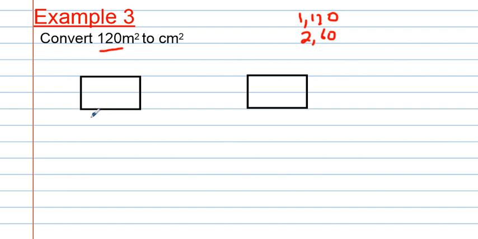So 60 meters by 2 meters. If I do the conversion, we know that 1 meter is 100 centimeters. So now we have 2 meters, so that will be 200 centimeters.